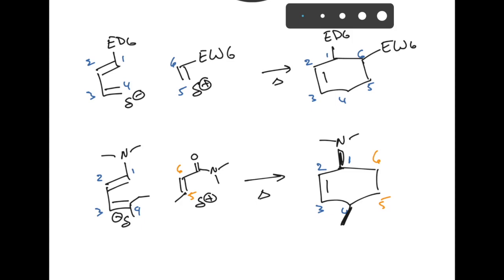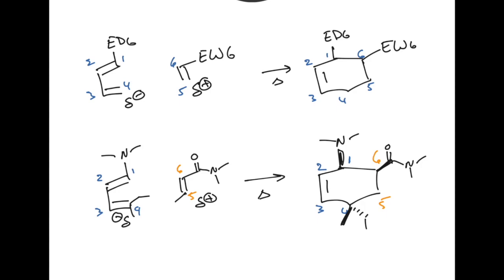One's outside, one's inside. So if the nitrogen's up, the ethyl has to be back. Now, the amide on carbon 6 and the methyl on carbon 5 are trans, they're on opposite sides. So that means that they are on opposite sides. One's a wedge, one's a dash.